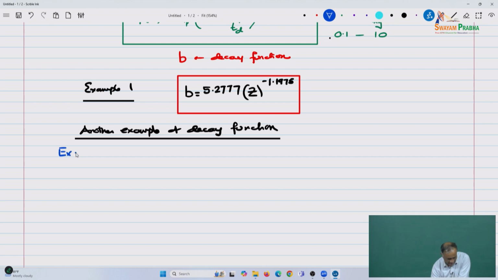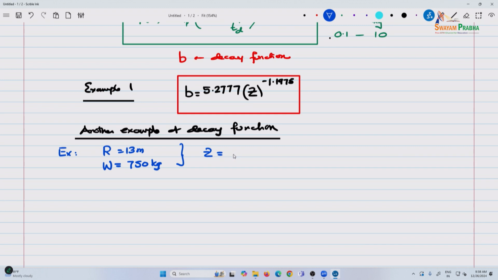Let's say the standoff distance is 13 meters, and you'll see a different expression. So W is 750 kilograms. From these two data you can derive Z is equal to 1.43 meters per kg power 1/3, and you see that this is greater than 1.